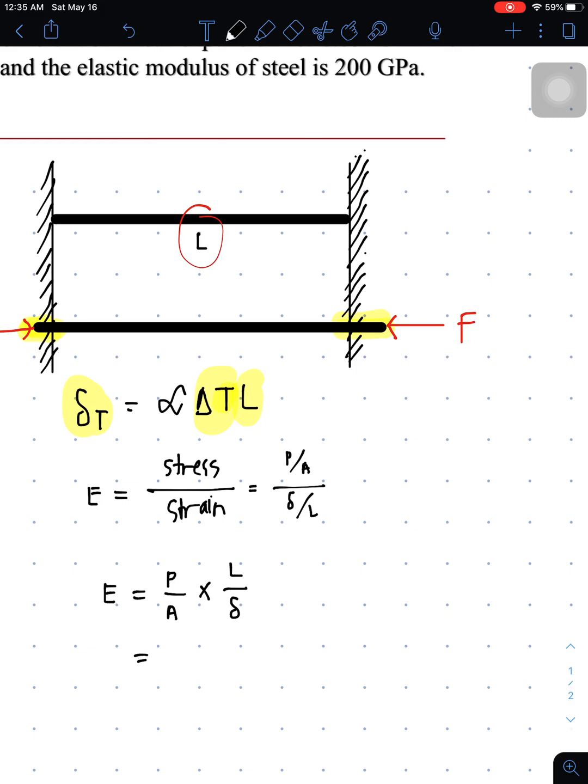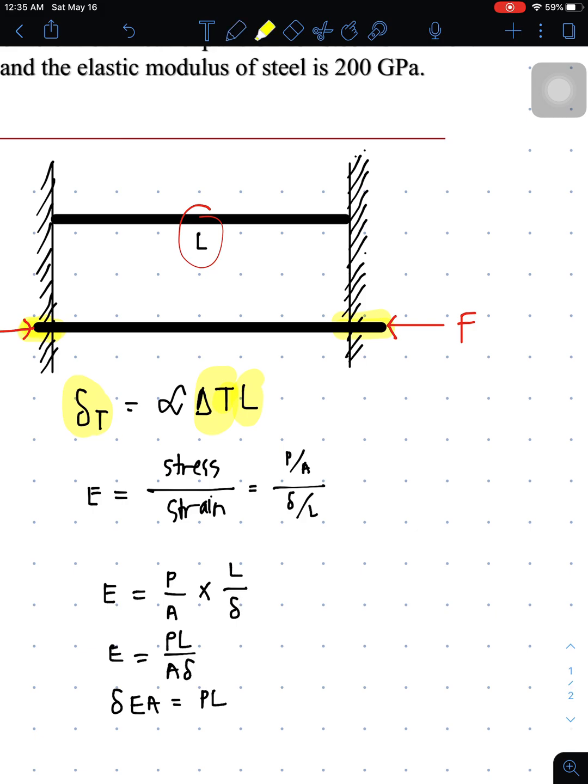So that is now PL over A delta. And then delta times E times A is equal to P times L.